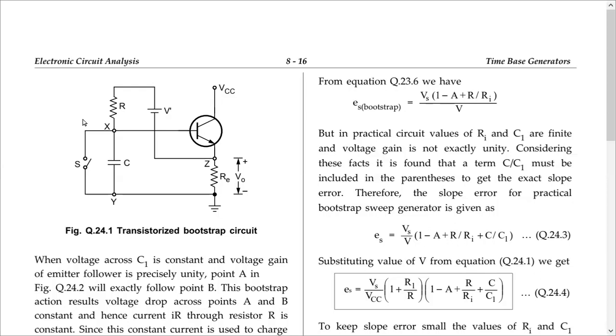The switch is open, so it cannot flow. Base current is very small, negligible. The base of the transistor doesn't allow much current to flow. So whatever current comes here is forced through the capacitor.